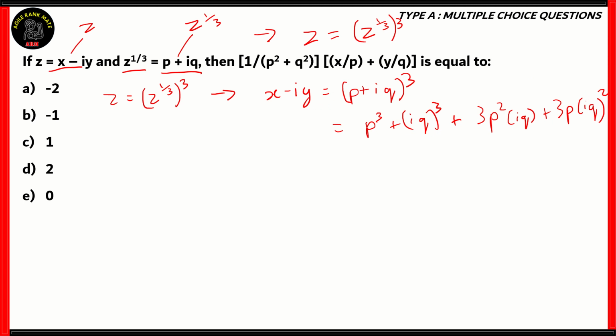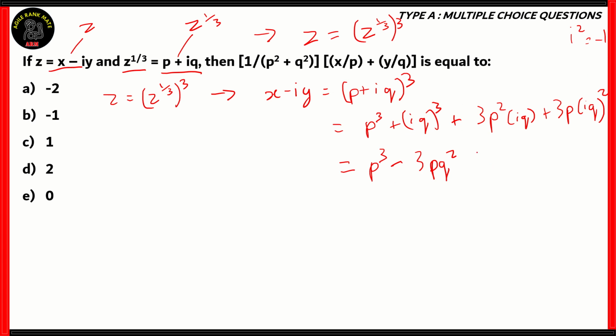So what we're going to do is separate the real and imaginary parts here. We have p cubed as a real part, and if you look at 3p times (iq) squared, you can see that the imaginary i is under a square, and i squared turns out to be -1. So therefore we have minus 3pq squared also on the real side.